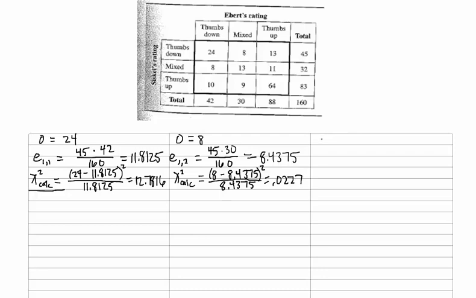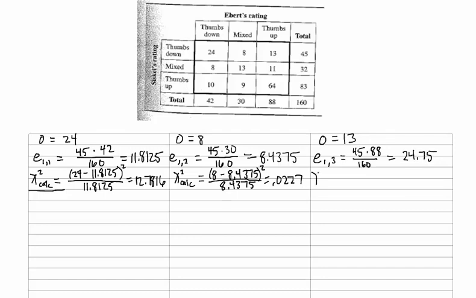And for row 1, column 3, our observed was 13. Our expected for row 1, column 3 is equal to row 1 total of 45 times 88 divided by 160, and this is equal to 24.75.